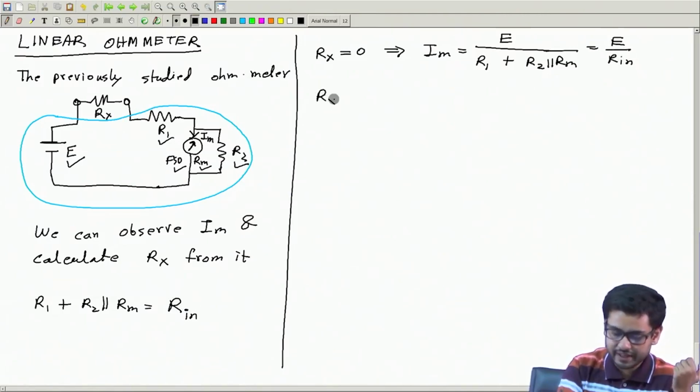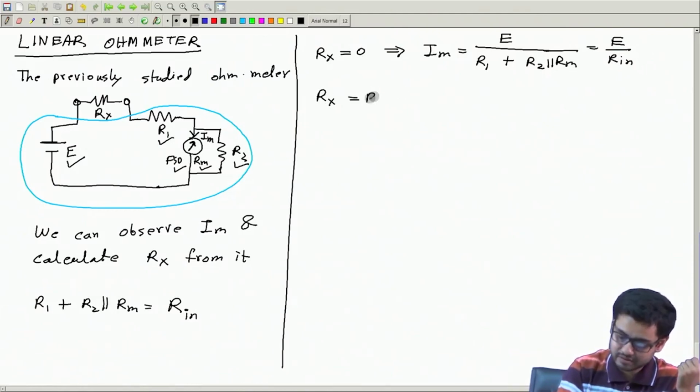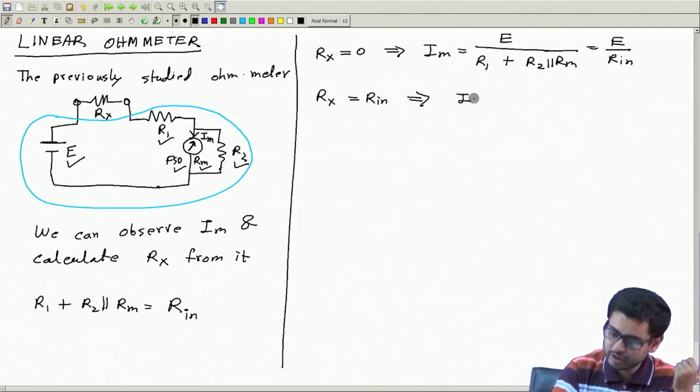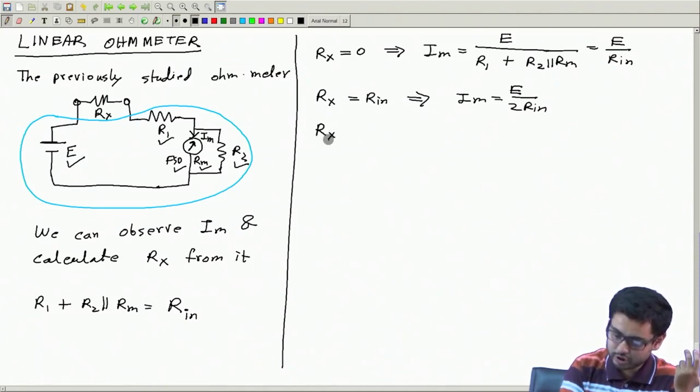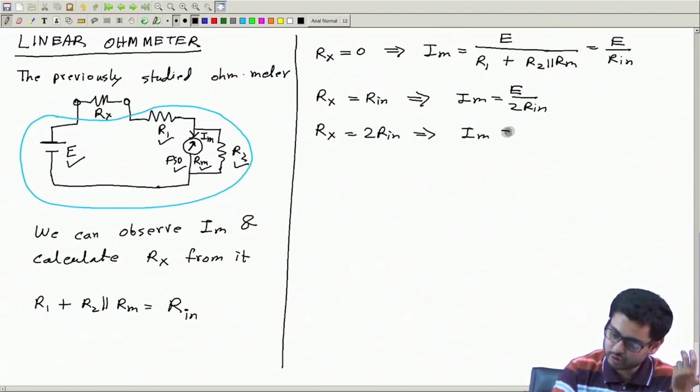Then if I take Rx equal to, say, R in, then Im will be E by 2 R in, and so on. If I take Rx equal to 2 R in, I'll have Im equal to E by 2 R in plus 1 R in, that is 3 R in.